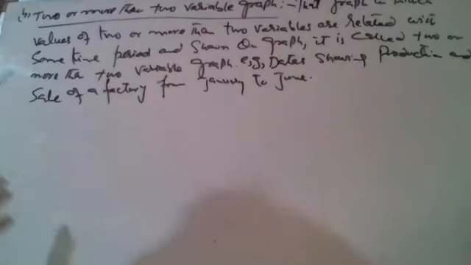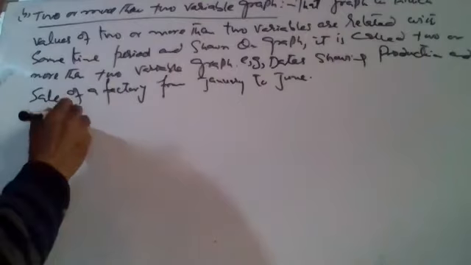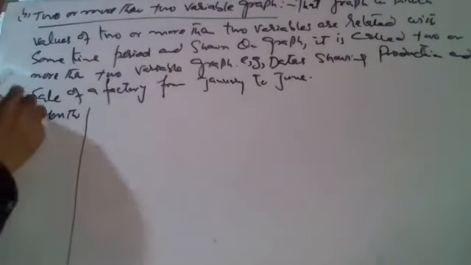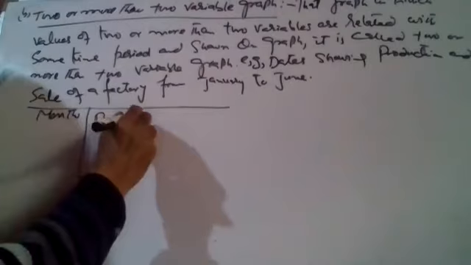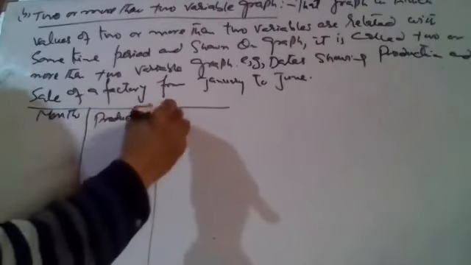The previous graph had only one variable, that was production of the factory. Now we will show sale also. So it becomes a graph of two variables related with some time. Month means time, production and sale.